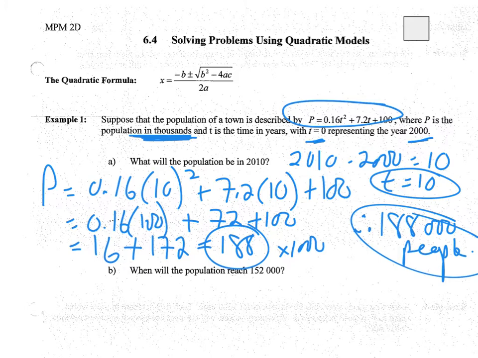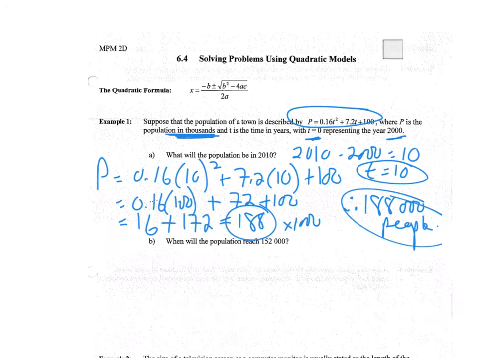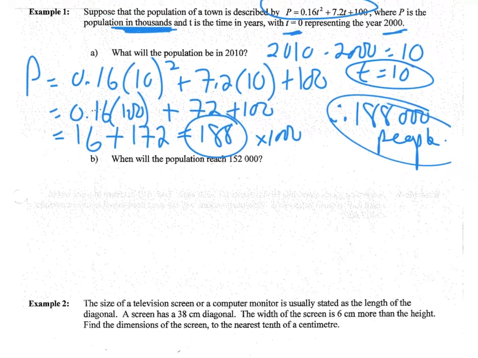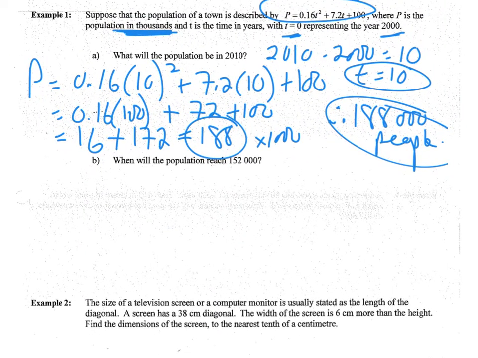Okay, so now part B of example 1 is, when will the population reach 152,000? So we have a situation where the P-value is 152,000. We divide that by 1,000, so it's 152, because the equation is already expressed in thousands.